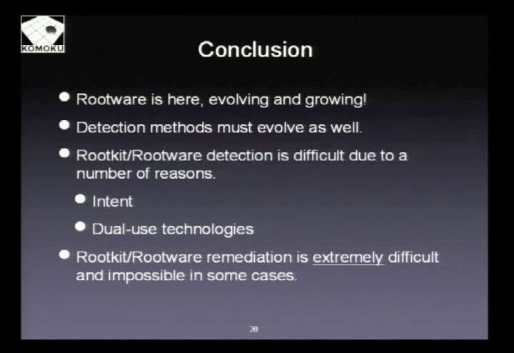So, anyway, finishing up, rootware, as we define it, and we're seeing more and more of these hybrid instances of malware appearing out there on the scene. The threat is evolving, obviously, and the detection techniques have to evolve as well. The problem with rootkits is that because they are so low level, we have a lot of problems detecting them because of intent issues.